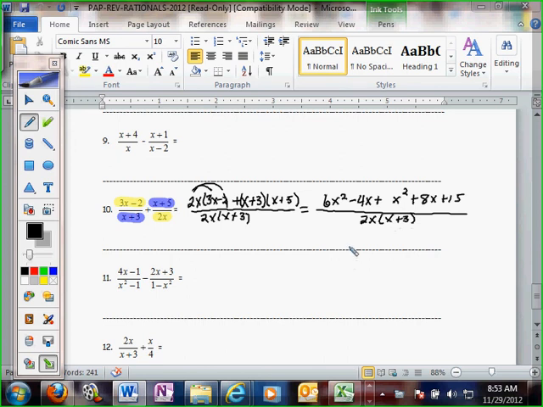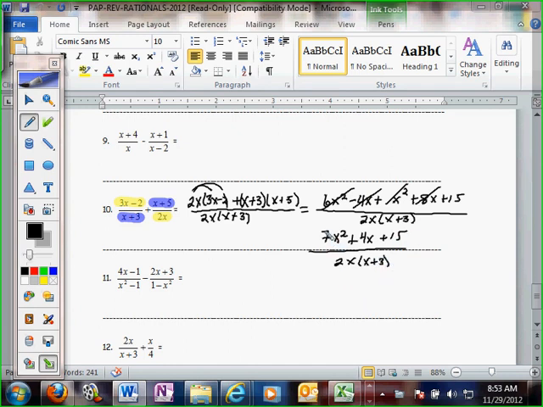Now I'm going to combine like terms. 6x squared plus x squared, that's 7x squared. Then I have minus 4x plus 8x, that's plus 4x. And then I have one constant left, which is plus 15 over 2x times x plus 3.